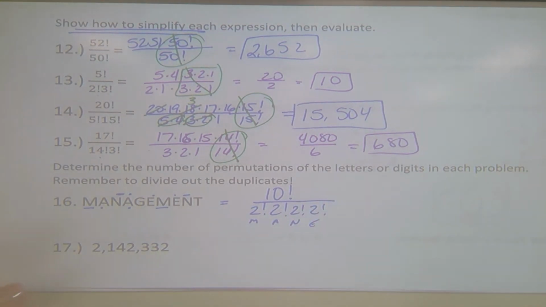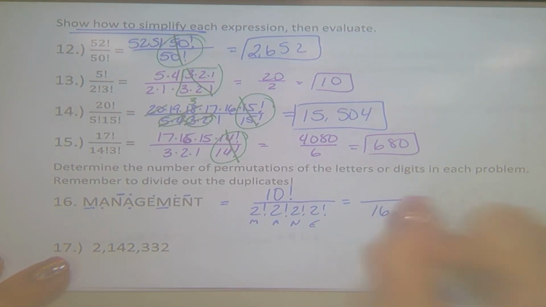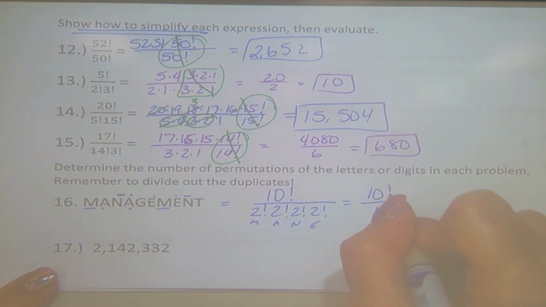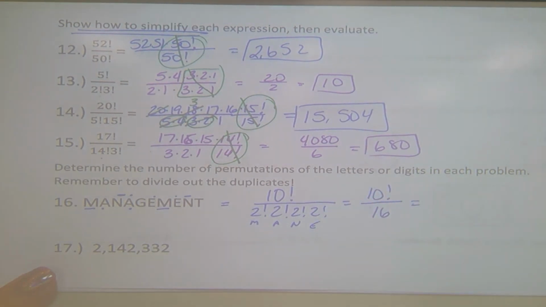Now, 2 factorial is just 2 times 1. So that means that my denominator really is just 2 times 2 times 2 times 2. Well, 2 times itself 4 times is 16. So I have 10 factorial divided by 16. You can work that out with your calculator, and that's what you should get.